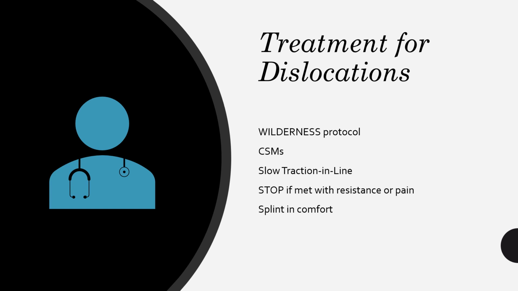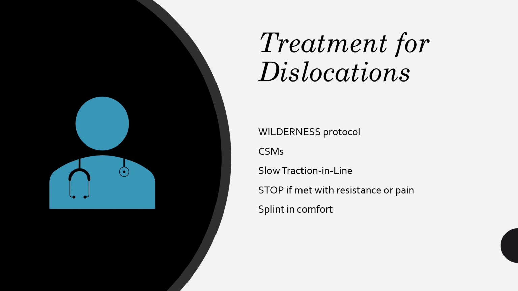So if you've reduced that shoulder back to an anatomical position, we can put some ice on it. We can apply a nice little splint and some sort of paracetamol, anything like that that can help this patient with that pain. And then we'll talk about evacuation guidelines as well.